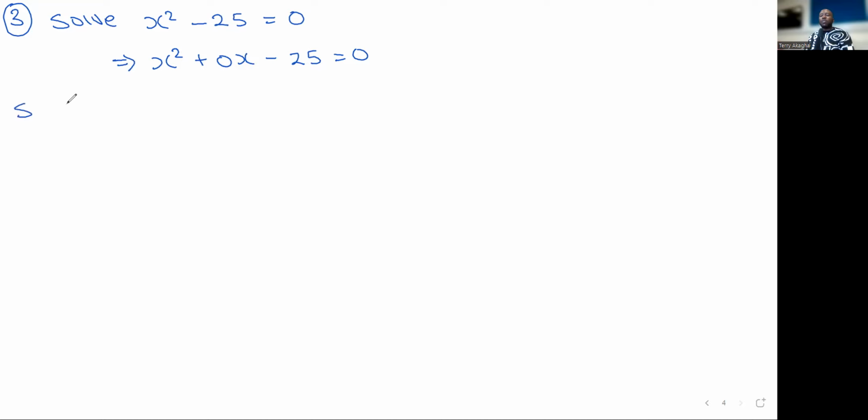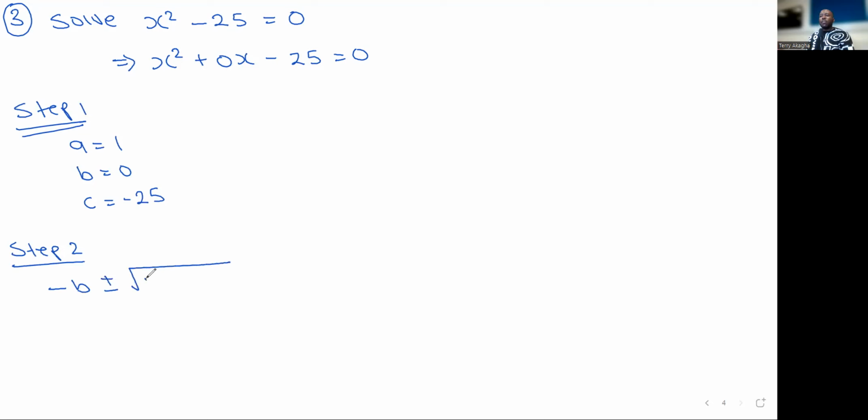Now the first step, as usual, is to identify your A, B, and C. The A in this case is going to be 1, the B is going to be 0, and the C is going to be minus 25. Now the next step, you apply the formula. It's going to be minus B plus or minus square root of B squared minus 4AC, divided by 2A.